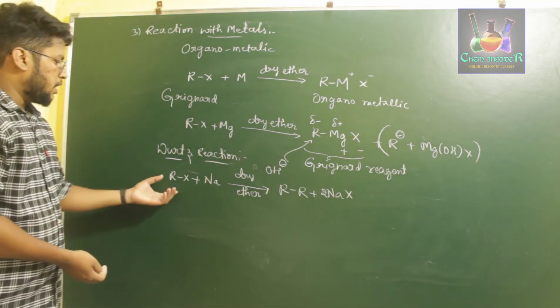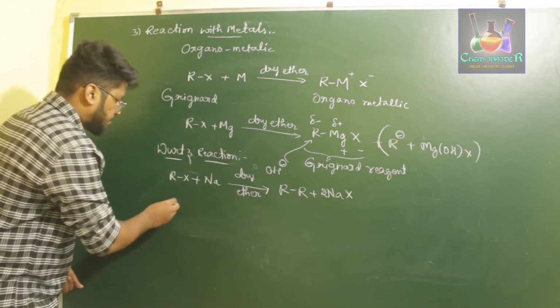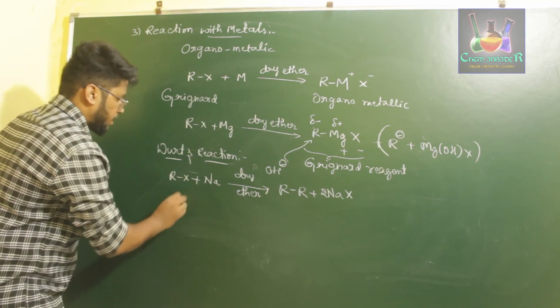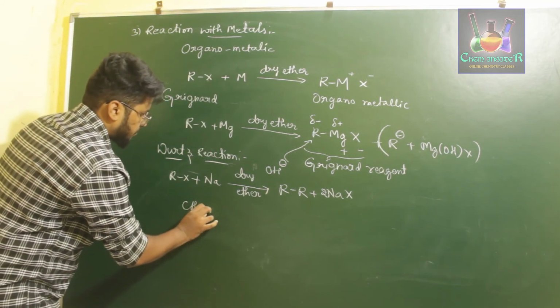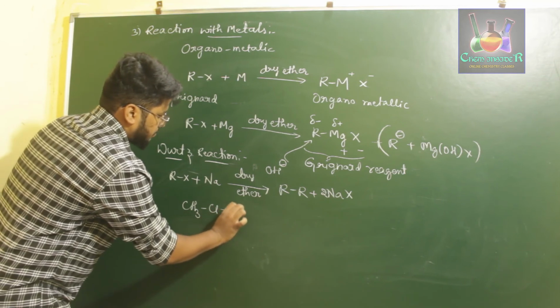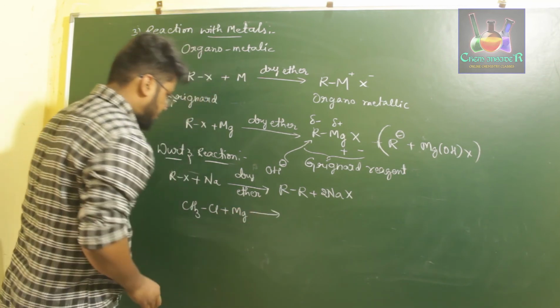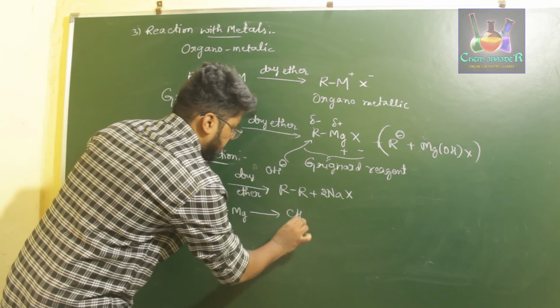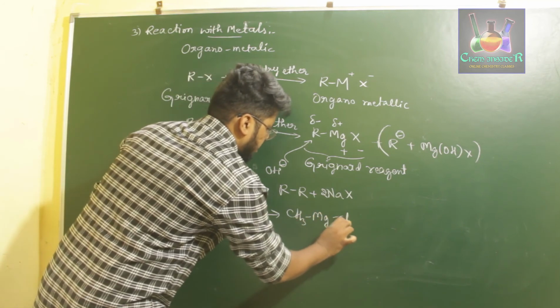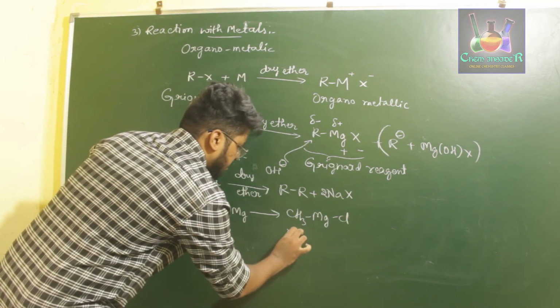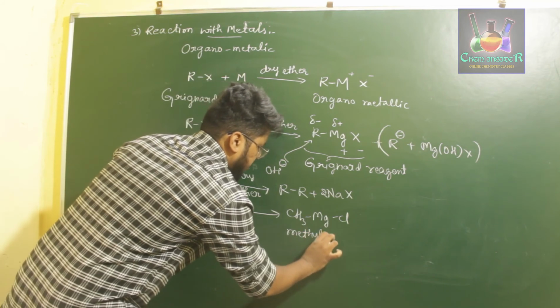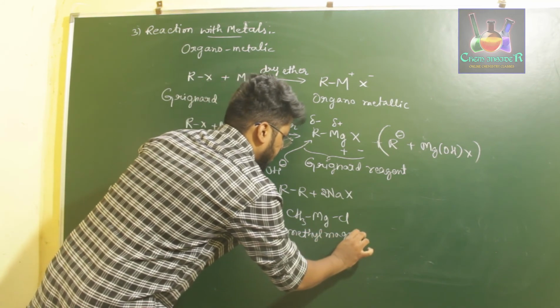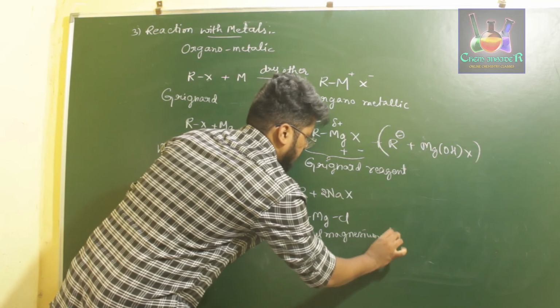We treat an alkyl halide. For example, let us consider an example for these two. For RMgX, CH3Cl plus Mg gives us CH3MgCl. So this is methyl magnesium chloride.